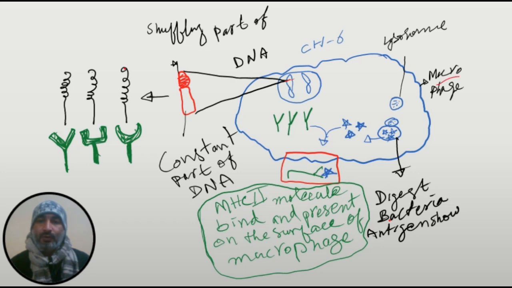This blue circle represents the macrophage, and we will start the story from here. A star bacteria enters the macrophage and fuses with the lysosome.